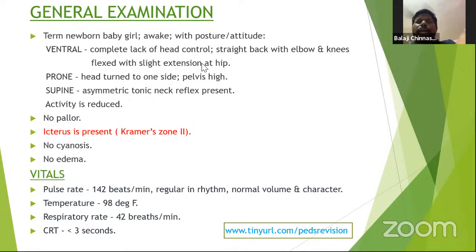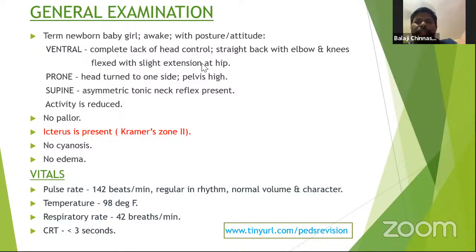So say actively moving all four limbs, or if there is any asymmetry in the movement, you can tell that. Then icterus, pallor, cyanosis, edema. Here you have said the Kramer's zone for icterus, good.